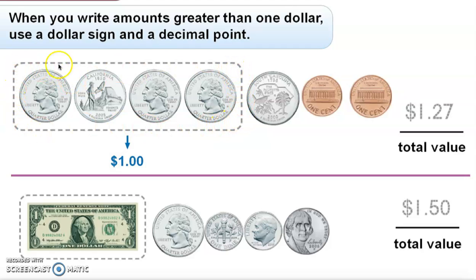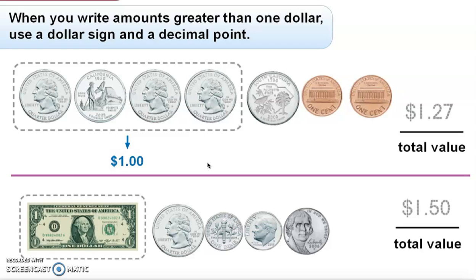Those 4 quarters equal $1. Remember, 25, 50, 75, $1, right? That would be represented like this: $1.00. Make sure you put that dollar sign in front, even though we say it after the number.